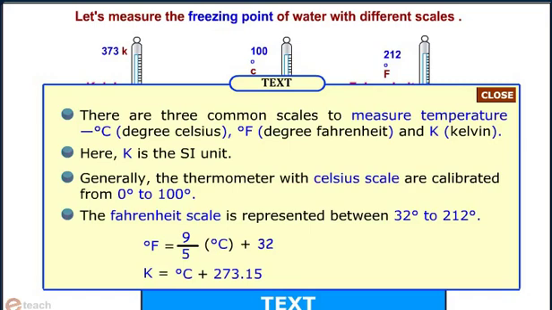Here, K is the SI unit. Generally, the thermometer with Celsius scale is calibrated from 0 degree to 100 degree. The Fahrenheit scale is represented between 32 degree to 212 degree.